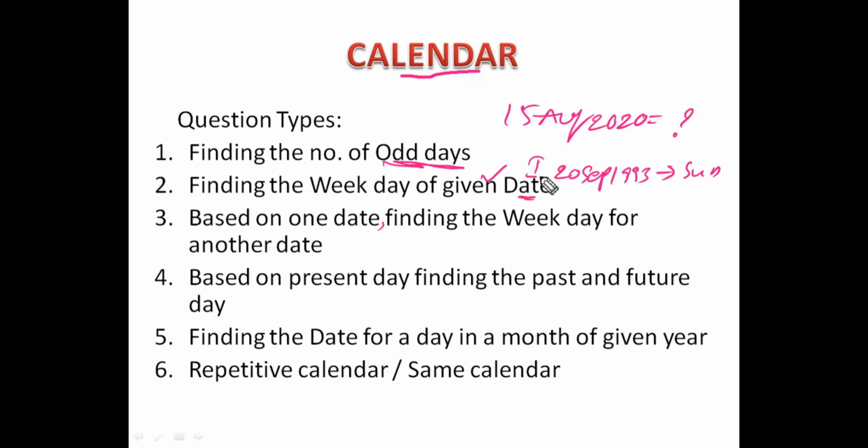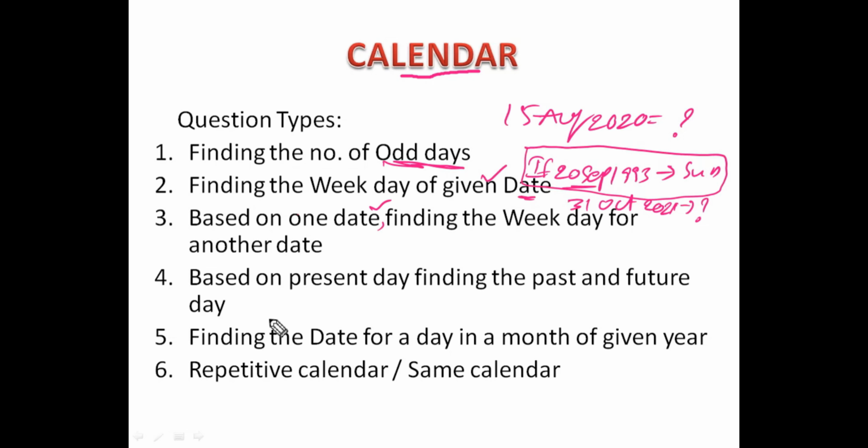If it is Sunday, then what is the day of another date, say 31st October 2021, will be dash. So actually we don't need to find the actual day. We need to find the day for this one based on this condition. This type of questions will be covered in the third model.